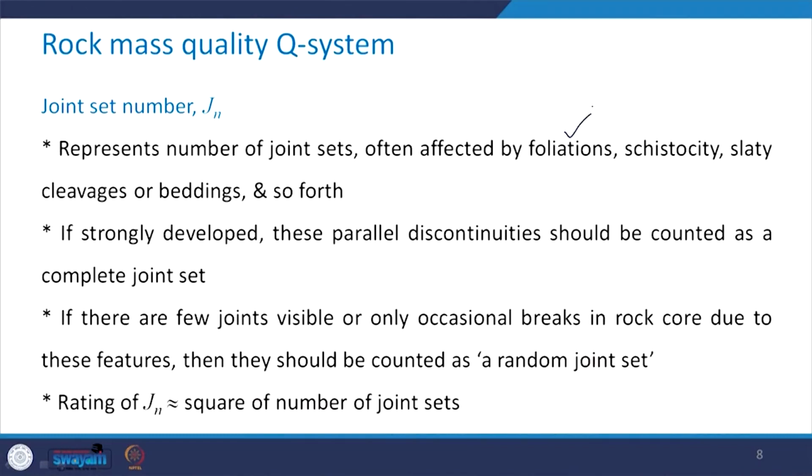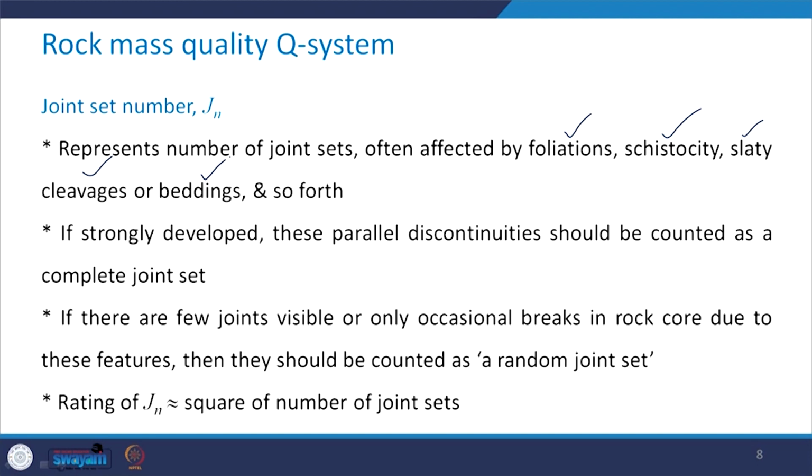This joint set number represents the number of joint sets, and we have already discussed these in detail when we were discussing the factors influencing the discontinuities, that the joint sets are influenced by foliations, schistosity, slaty cleavages or beddings and other geological structures.